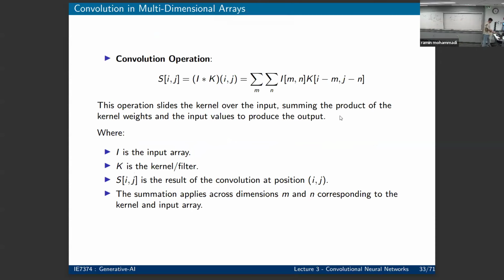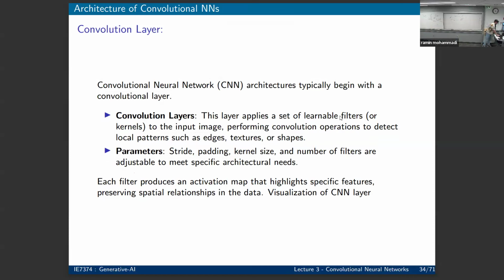Now the first thing we're going to talk about is the convolutional layer. The convolutional layer does the convolution process for you. It contains kernel functions, and a kernel function has parameters, and normally you also add some bias.